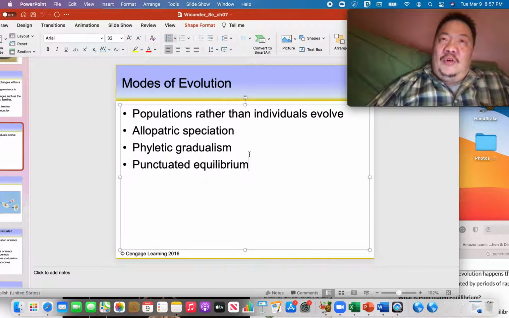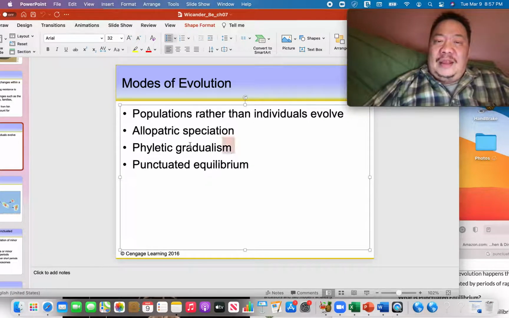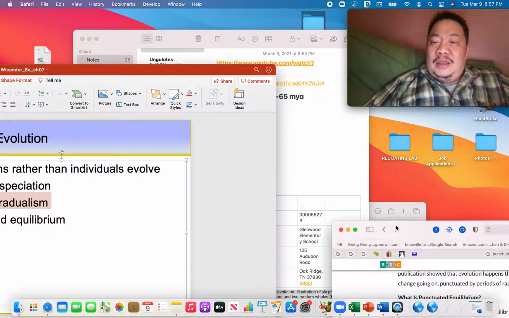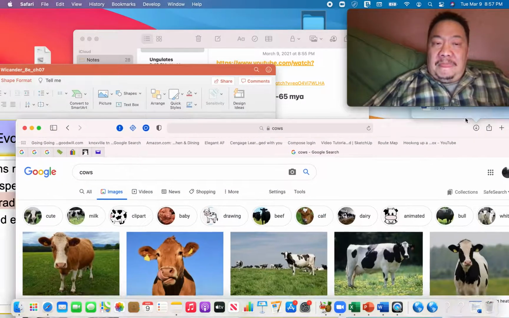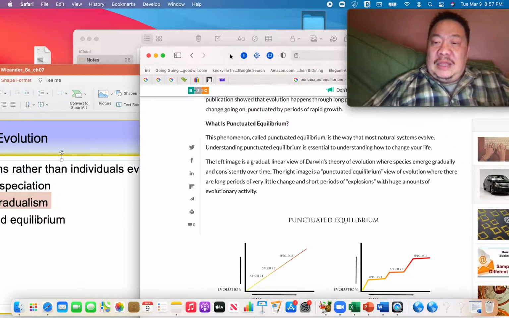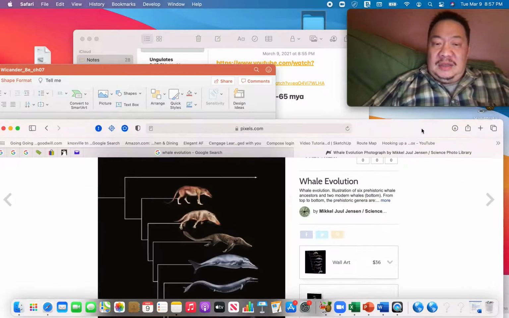If we find more of the missing links and we can find every step along the way, like we have with the horses, then phyletic gradualism is probably the correct mechanism for evolution. That's what causes evolution to occur, if we can find the missing links.